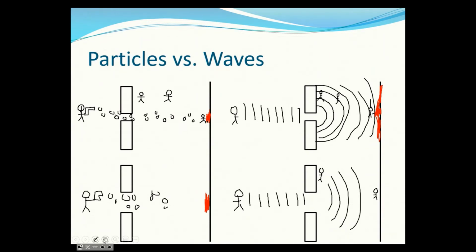And the pattern that we get on the wall there would be, we'd get a lot of sound waves right through the opening, but we'd get less diffraction, right? We'd get less along the sides. This one went the whole length of the wall. This one just went a little bit. And as that opening gets bigger, waves and particles look very similar, right? But when that opening's small, they do very different things.